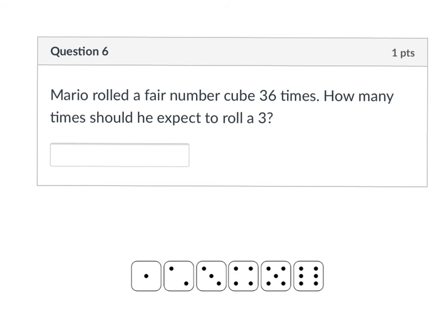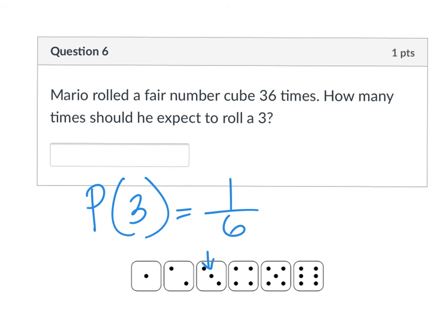Mario rolled a fair number cube 36 times. How many times should he expect to roll a 3? First, I'm just going to write the probability of rolling a 3. Again, I'm going to put the total possibilities on the bottom. On a number cube, there are 6 possibilities, and only 1 option for a 3. So the probability of rolling a 3 is 1/6.